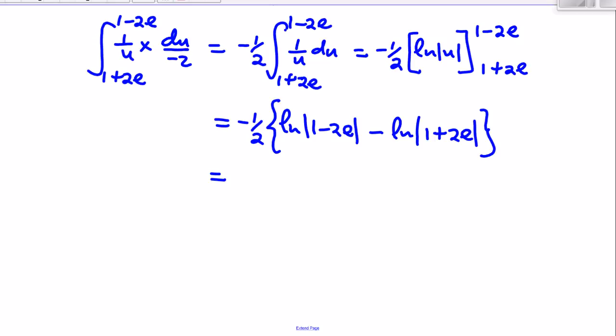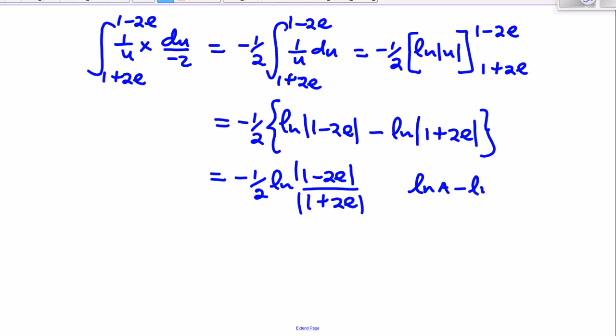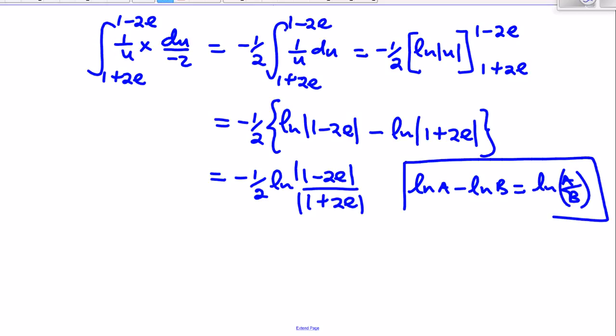So that will be negative a half ln of (1 minus 2e) divided by (1 plus 2e). I'm just using this law of logarithms: ln a minus ln b is equal to ln of a over b. If you remember that, just laws of logarithms. Okay, so I end up with that as my final answer.